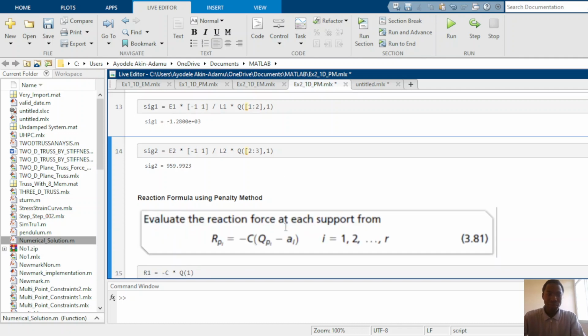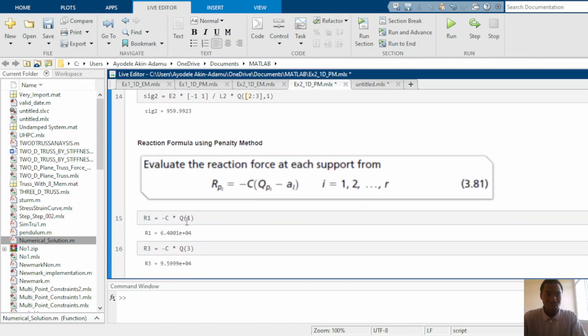So this is the reaction formula which we will use to compute the reaction at node 1 and at node 3. At node 1, we don't have a gap problem, so our A is 0. So it is minus C multiplied by Q1.